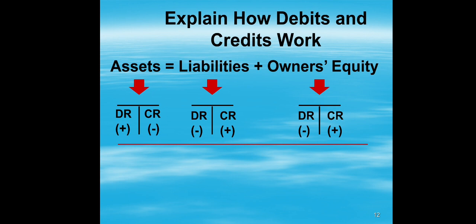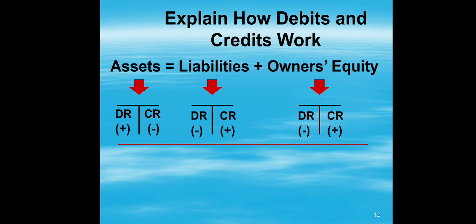For owner's equity, it is the same as the liabilities. An increase in equity, you have to credit. A decrease in equity, you have to debit. Okay, it's not very difficult, but you have to memorize this. For asset, if asset increases, you have to debit. If asset decreases, you have to credit. For liability, an increase in liability, you have to credit.